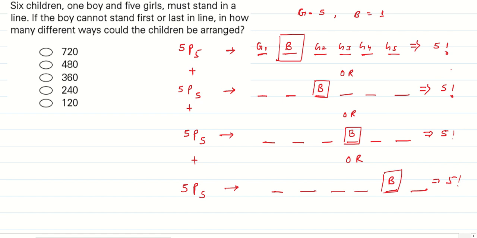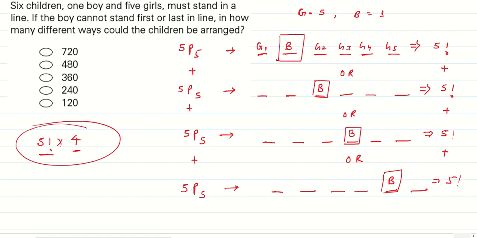Now add all together. 5 factorial plus 5 factorial plus 5 factorial plus 5 factorial is nothing but 5 factorial into 4. What is 5 factorial here? The number of ways the girls can occupy the positions. What is the 4 here? The number of ways the boy can sit.